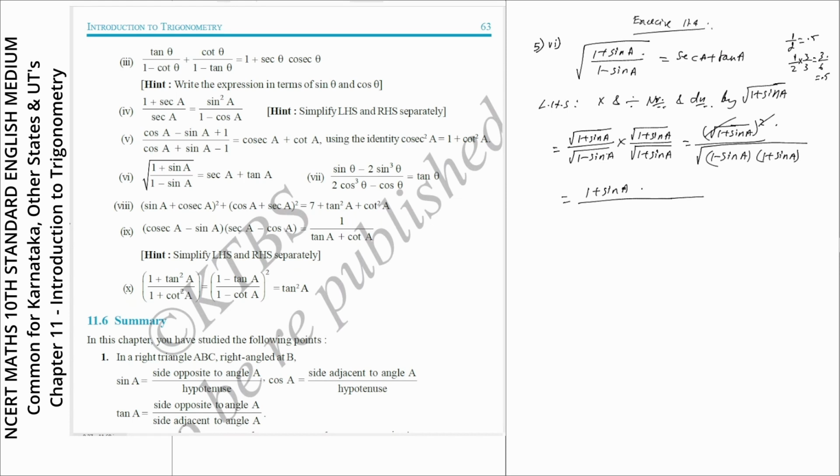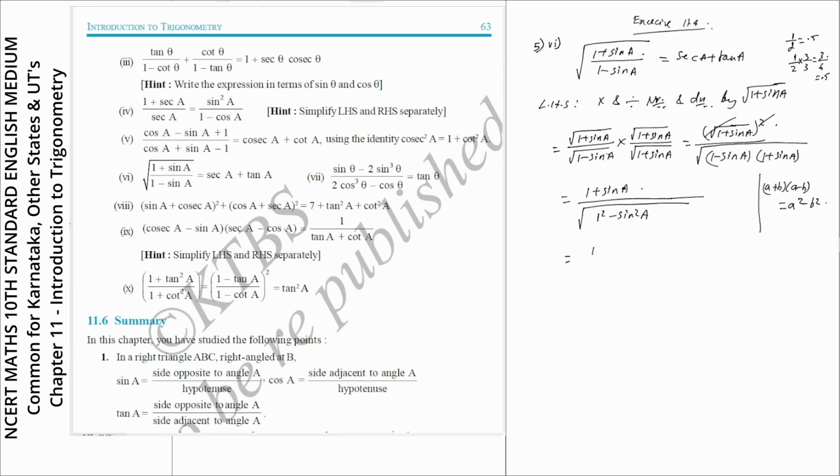Now coming to the denominator, square root of, now the denominator is in the form of a plus b into a minus b, which is equal to a square minus b square. So 1 minus sin a into 1 plus sin a I can write as 1 square minus sin square a.